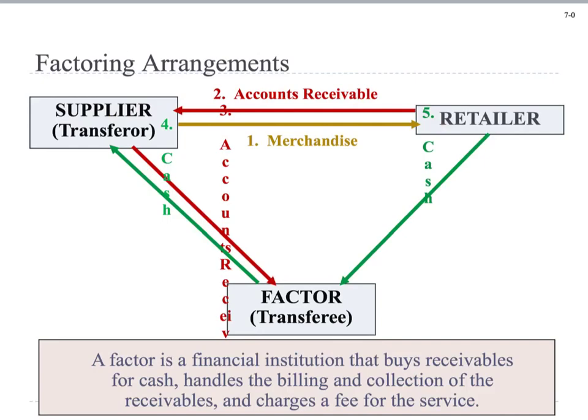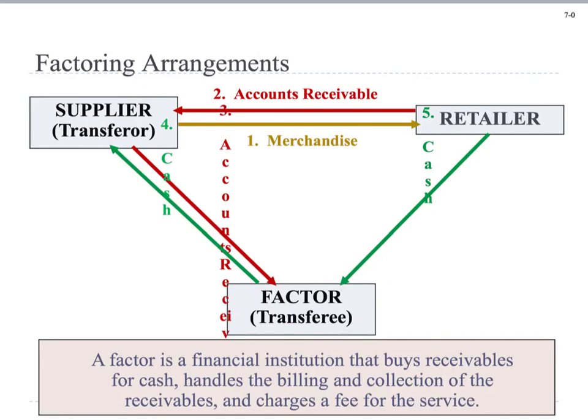Okay, so that's a normal transaction that you're used to seeing. Now the supplier has this accounts receivable, but they need cash. So they're going to sell their accounts receivable to this factor. And the factor is going to give the supplier cash. Now, the retailer actually has to pay the factor the cash for the accounts receivable.